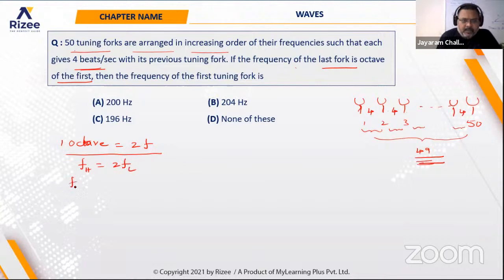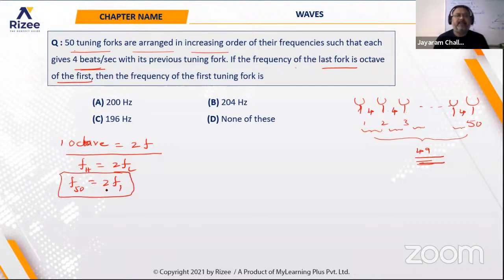That means the 50th tuning fork frequency is equal to 2 times the first frequency. I think this is the information given. Then find the frequency of the first tuning fork. If I write F2 minus F1, the number of beats is 4. If I write F3 minus F2, the number of beats will be 4 only.